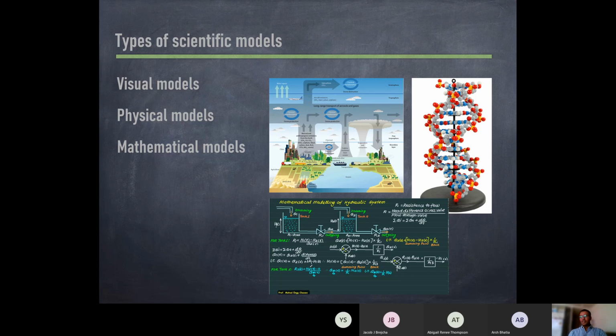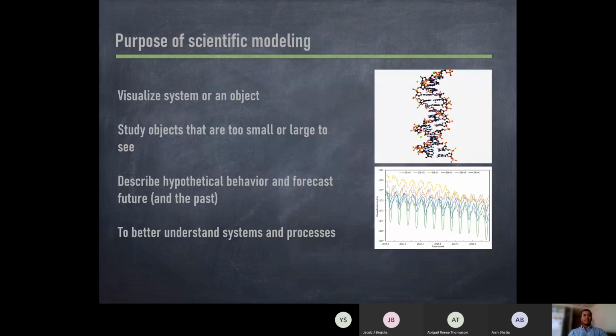There are other purposes of scientific modeling, and of course you can visualize a system or an object. Think of the solar system model. In the solar system model, you are visualizing the whole solar system, which you cannot do with the naked eye. You hardly can see all the planets. And of course you can study objects that are too small or too large, like the DNA double helix model I have shown.